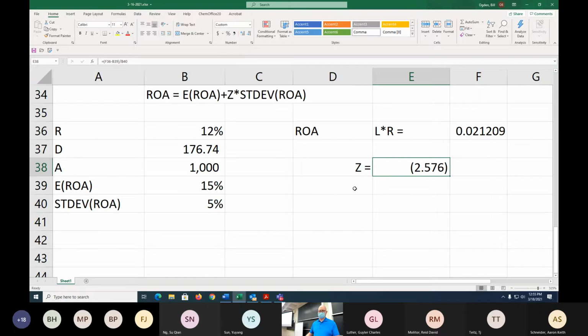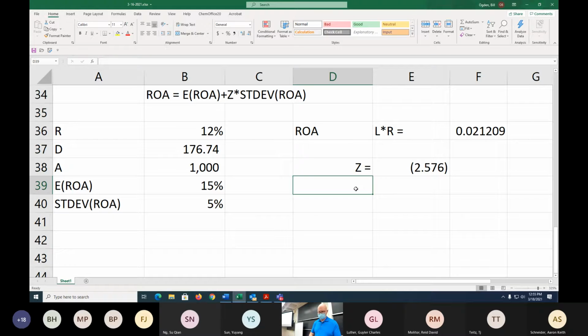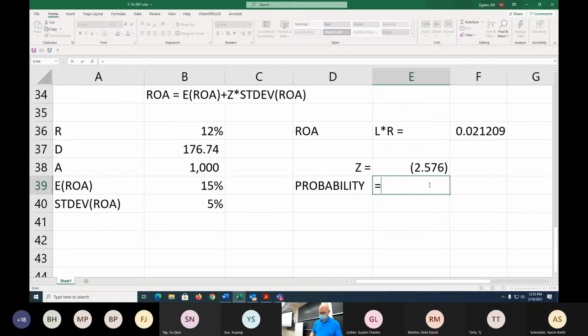And this is what we get. And then if we did the probability, we would say equals NORM.S.DIST. And we'll highlight this number. And you will notice no matter how many decimals you want to go, it's right on the button, isn't it?